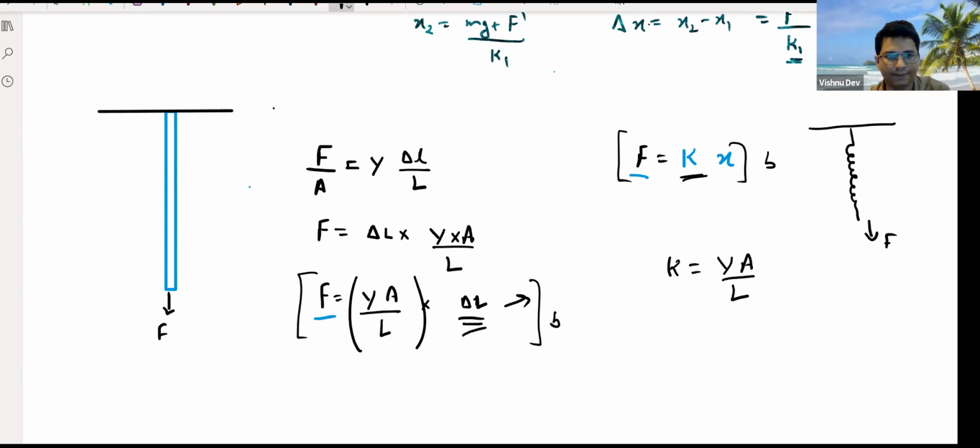Step by step. Does everyone understand? Very good. So I can say, if I have an elastic rod, I can replace it with a spring having spring constant K, where the value of spring constant K is YA by L, right? Any issues? Did everyone understand this concept first? Yes or no?